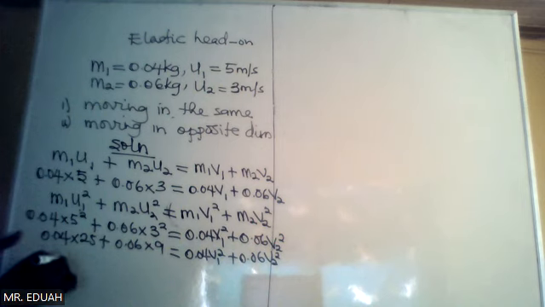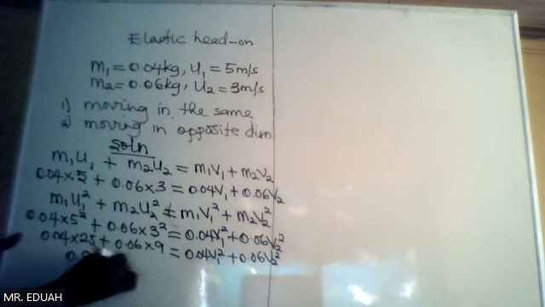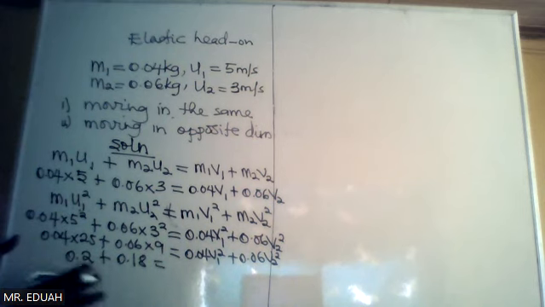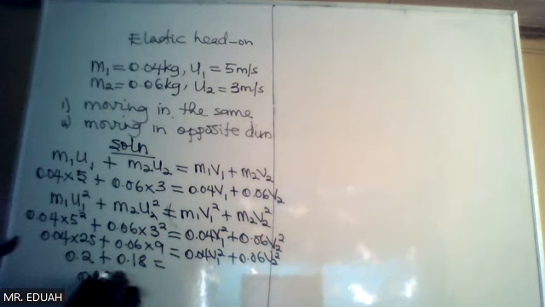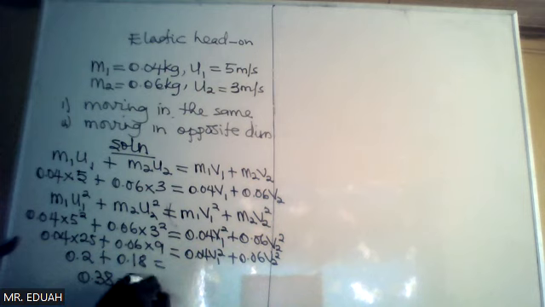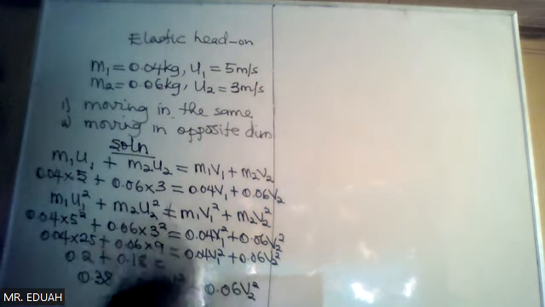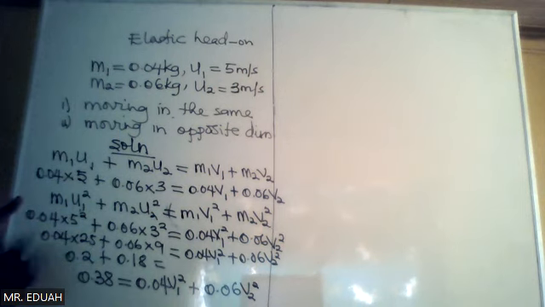And this is equal to 0.2, and this is equal to 0.18. Therefore, the final one becomes 0.38 is equal to 0.04 V1 squared plus 0.06 V2 squared. So you have equation 1.